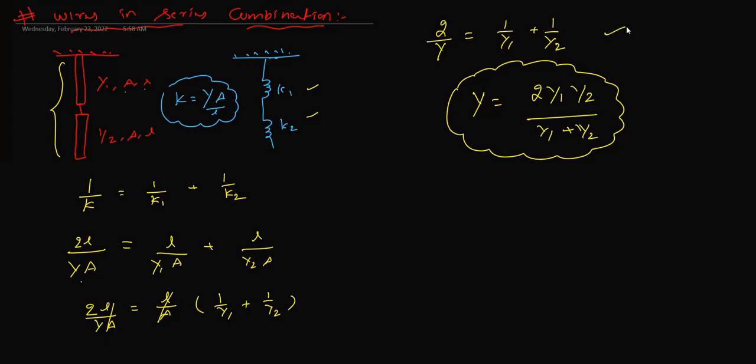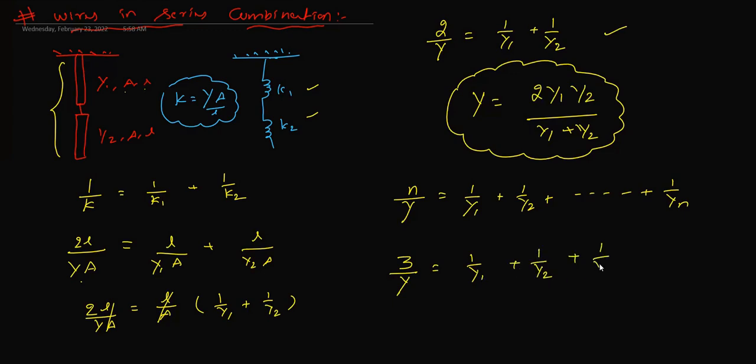For how many wires did we do this? Two wires. I want to generalize this formula for n. So how can you generalize? In the place of 2, I'm going to substitute n. N by y equals 1 by y1 plus 1 by y2 plus up to 1 by yn. For example, if 3 wires are given, we need to write 3 by y equal to 1 by y1 plus 1 by y2 plus 1 by y3.